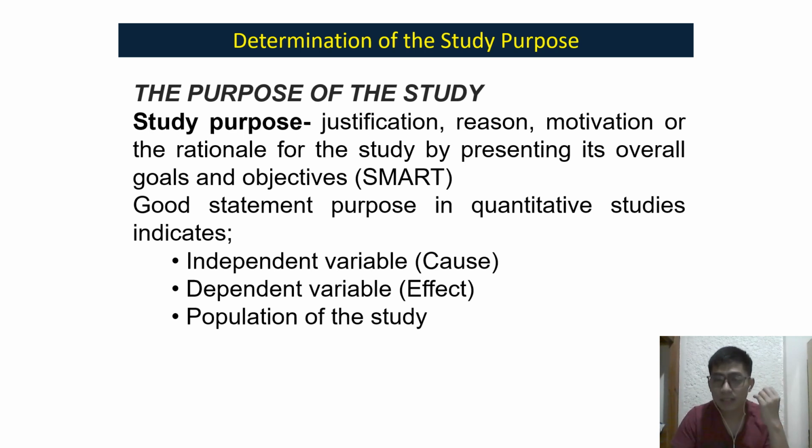So it should be specific, measurable, attainable, realistic, and time-bound. So your objective should be based on these five characteristics. A good statement of purpose in quantitative studies indicates the independent variable, the cause or causal factors, the dependent variable, the effect, and the population studied.